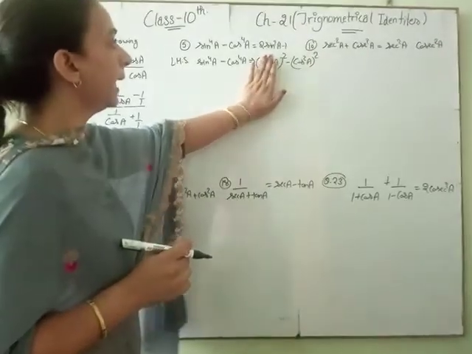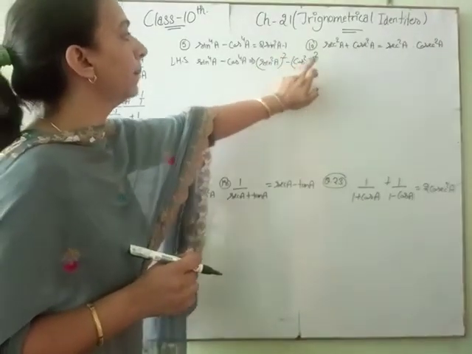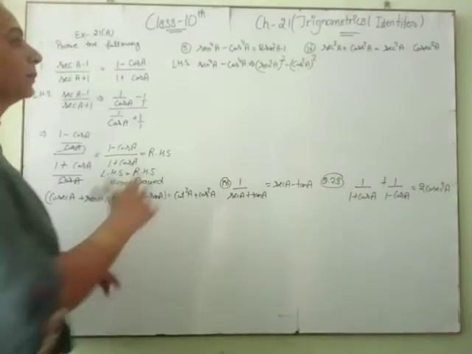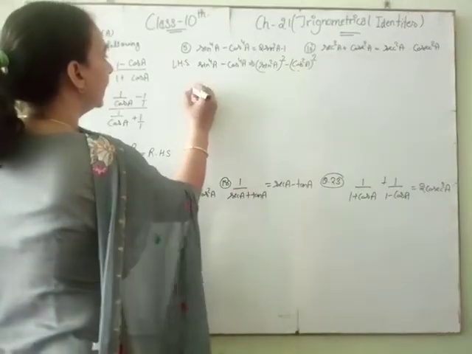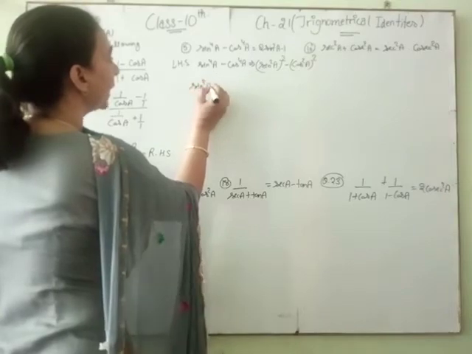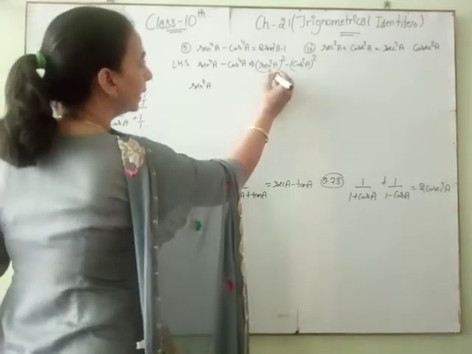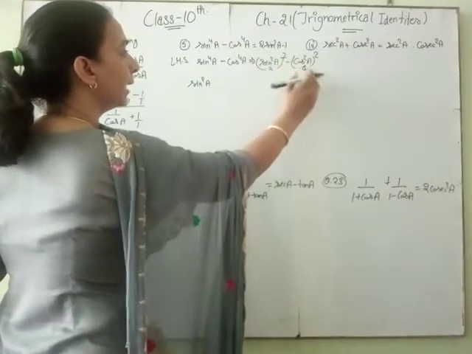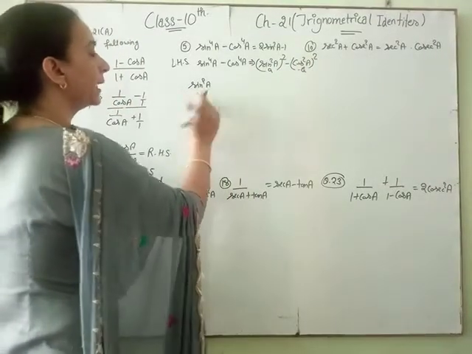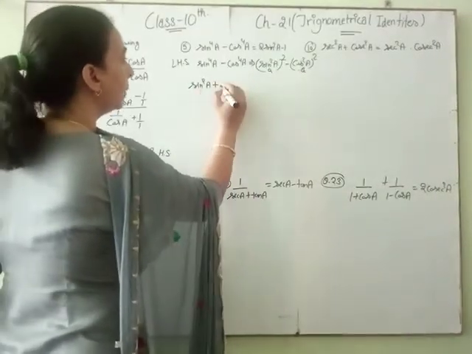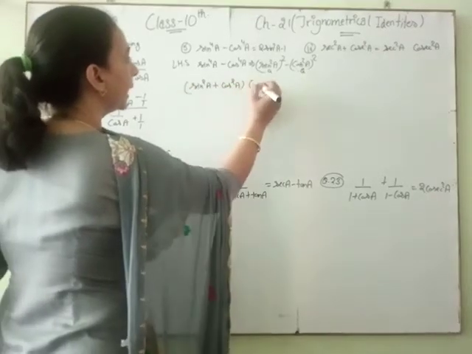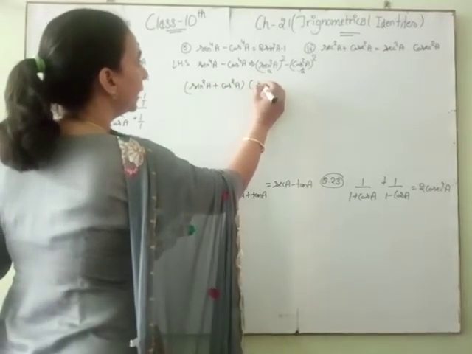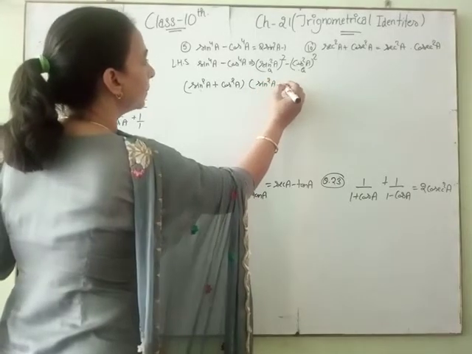This is a square, and this is b square. A square minus b square is a plus b, a minus b. So we write this with sin square a as a and cos square a as b. First we take a plus b, and next we write a minus b.